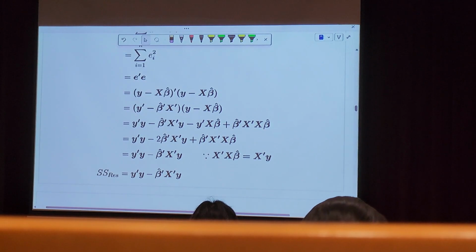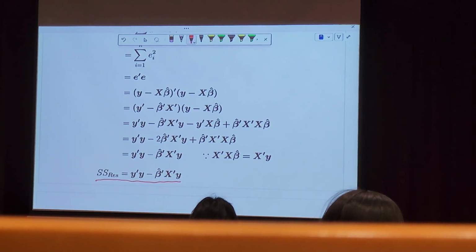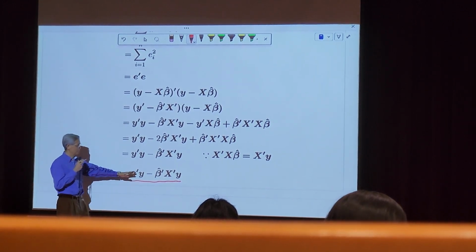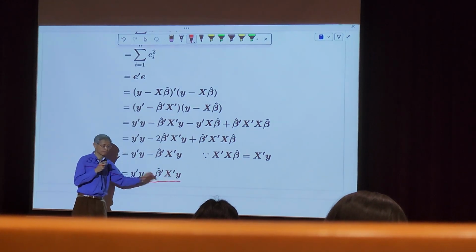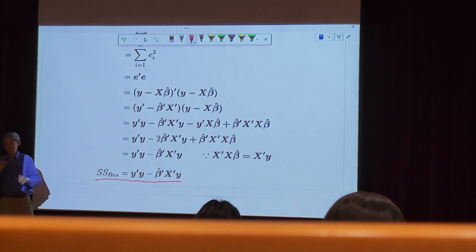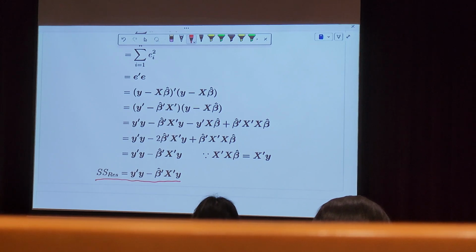We will get this equation. SS residue is the total deviation minus this term, which actually forms the basis of the decomposition of variance that we are going to discuss today.